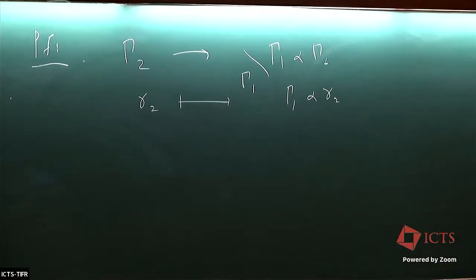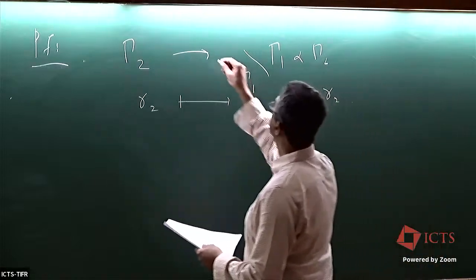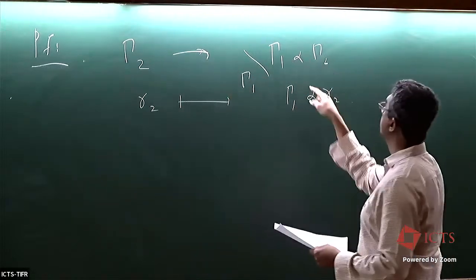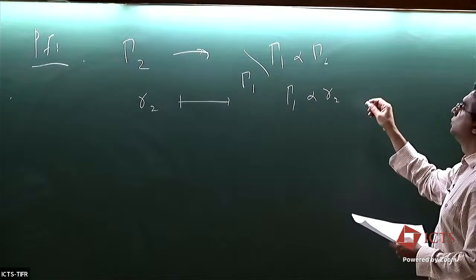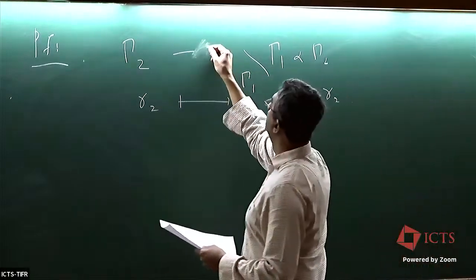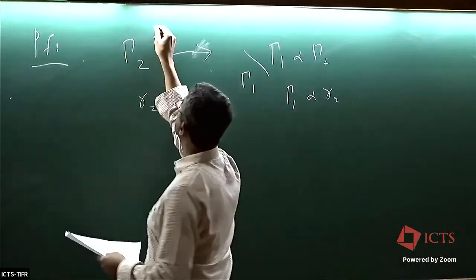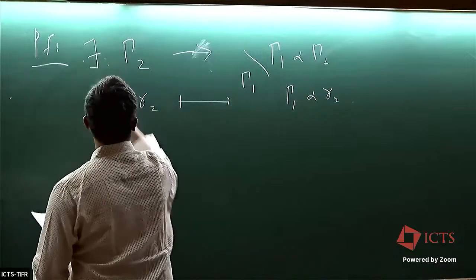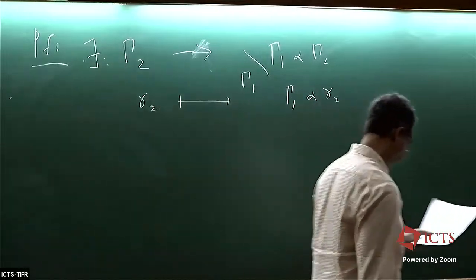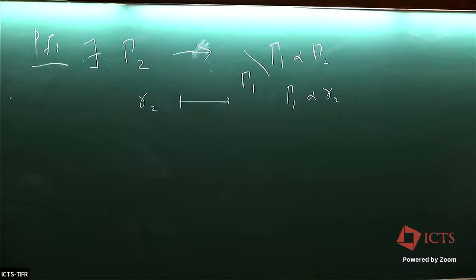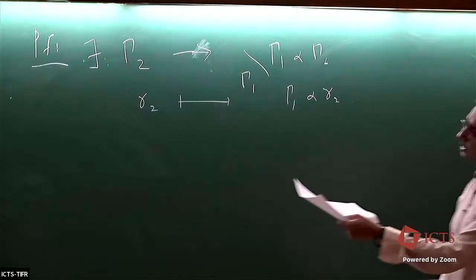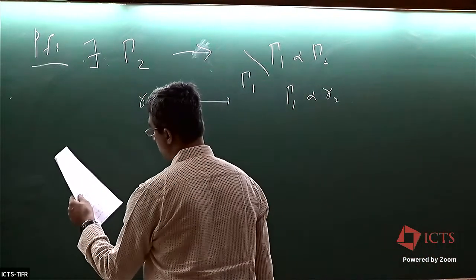This map is clearly a surjection because every coset representative is of this form, so you just choose the appropriate gamma 2. There exists a surjection like this. So that's good. And what's the kernel? Well, the kernel is more or less by definition gamma 3. So let's just work that out.